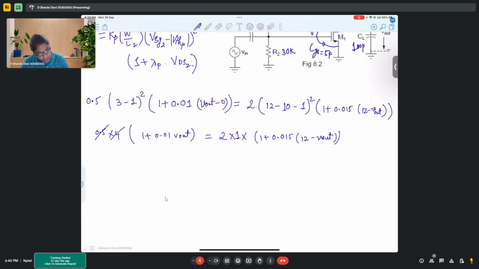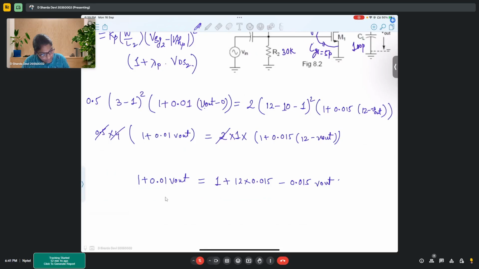So we are left with 1 plus 0.01 V out, and this side we have 1 plus. So how much is 12 into 0.015? 0.18.